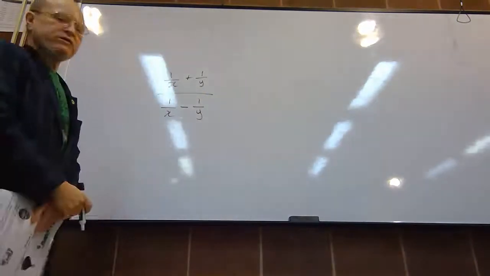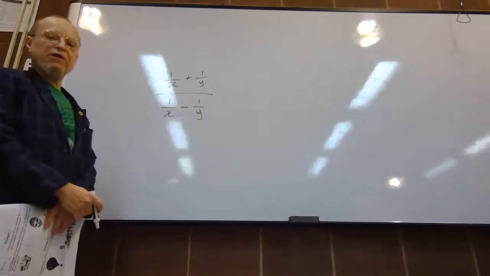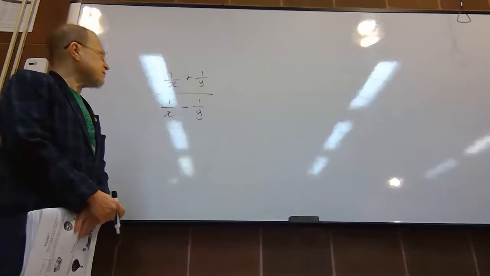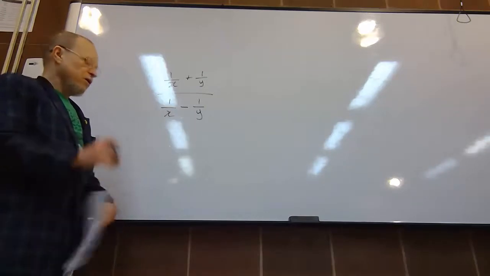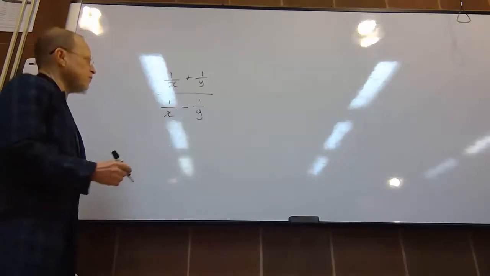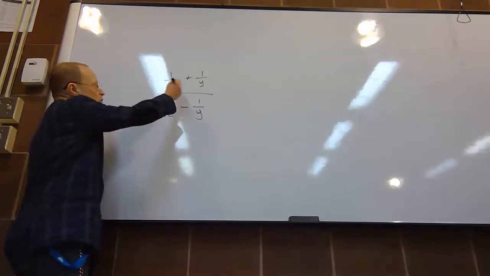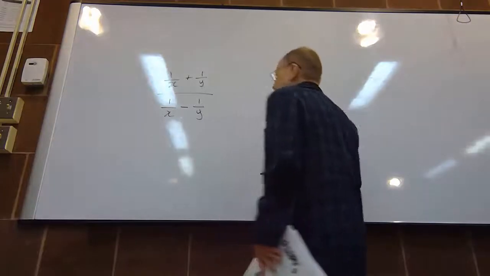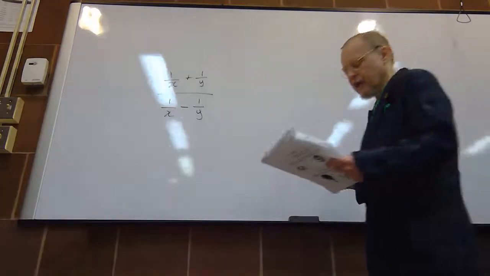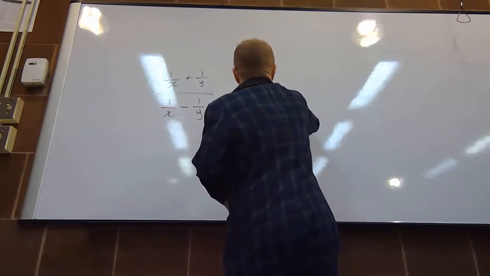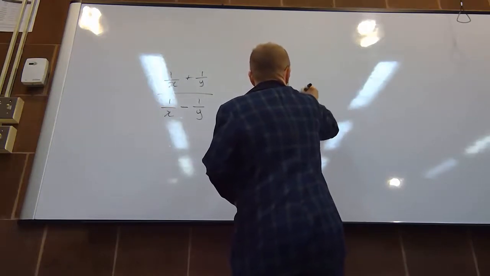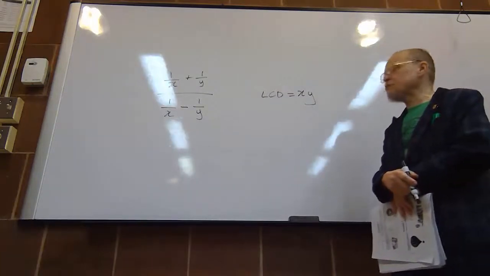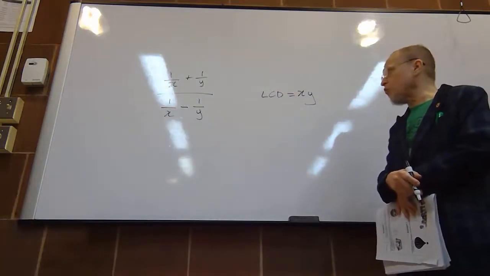So what you want to see in looking at this one is which method would be easier to do. Well, in this case, the easier method would be the lowest common denominator method. So we look here and we look here and we see x, y. So we find that the lowest common denominator is xy. And we do similar to what we did before.